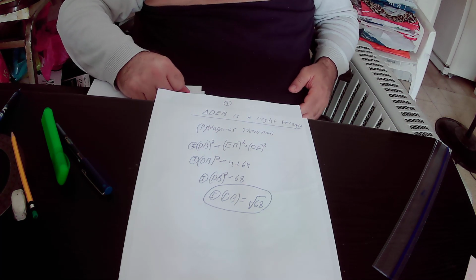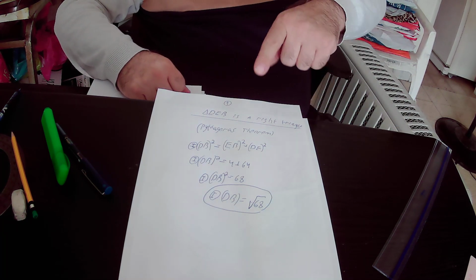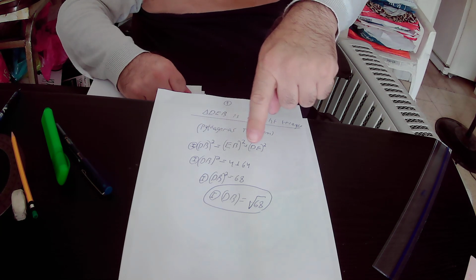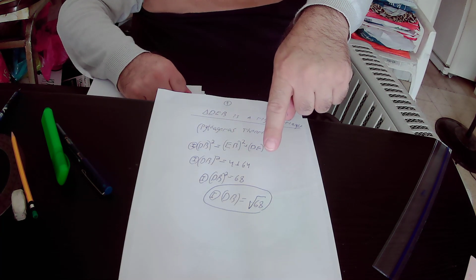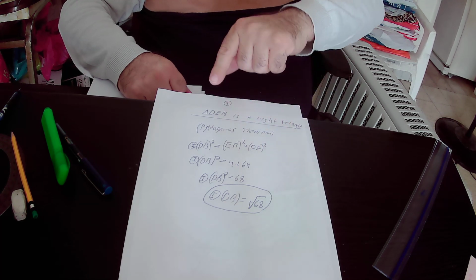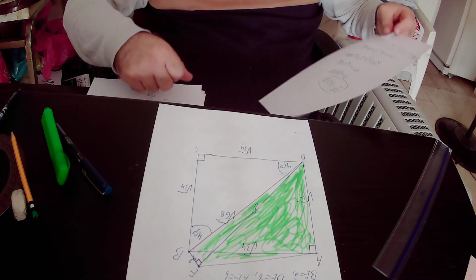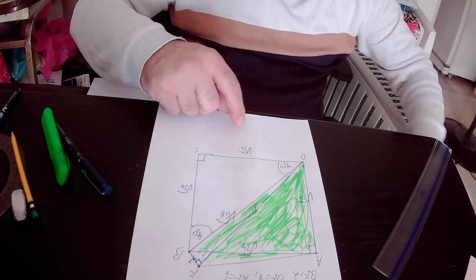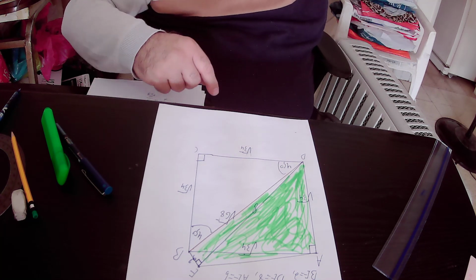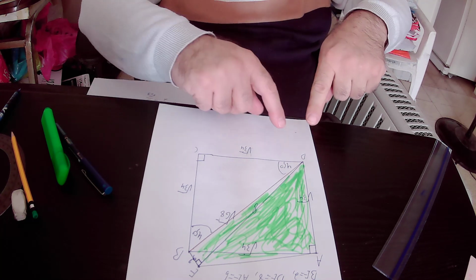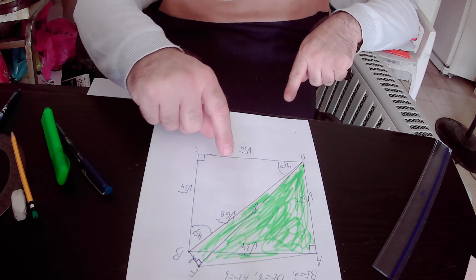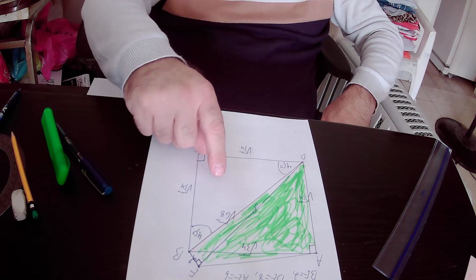Here we took the root of equation number 1, and we got that DB equals the square root of 68. This DB is also the diagonal of square ABCD.